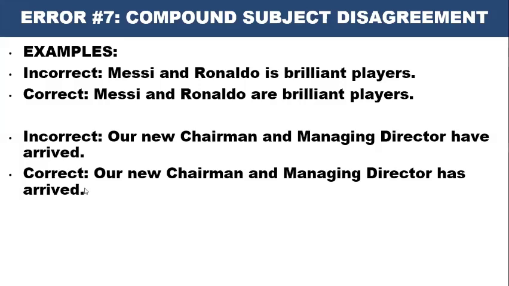Now, there is another exception when two things are always linked together, okay, in people's minds, to the point where when spoken about together, we think of them as one thing.